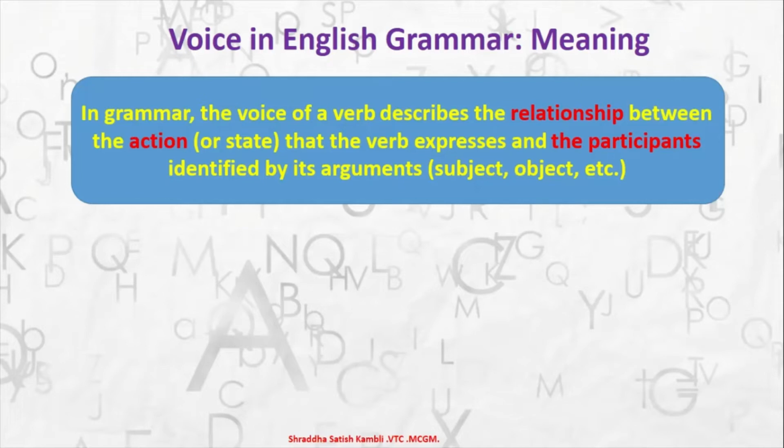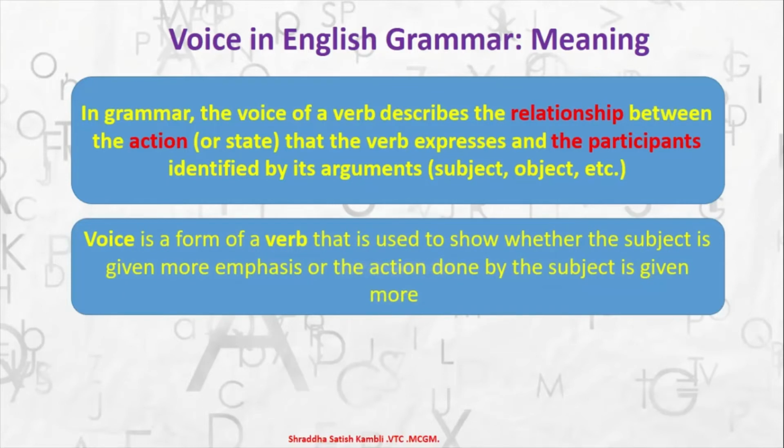So it describes the relationship between the action that the verb expresses and the participants. Okay, now who are the participants? The subject and the object. They could be the participant. So in a way, we can say that voice describes the relationship between the action and the subject and object in a sentence. Alright, so that is the meaning of voice.